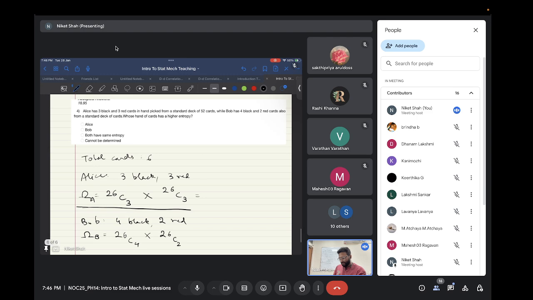We can just simplify it right here. 26 into 25 into 24 divided by 6 multiplied by 26 into 25 into 24 divided by 6. 3 factorial is 6, so I'm directly writing 6. And for Bob, 26 into 25 into 24 into 23 divided by 4 factorial, which is 6 into 4, 24, multiplied by 26 into 25 divided by 2.